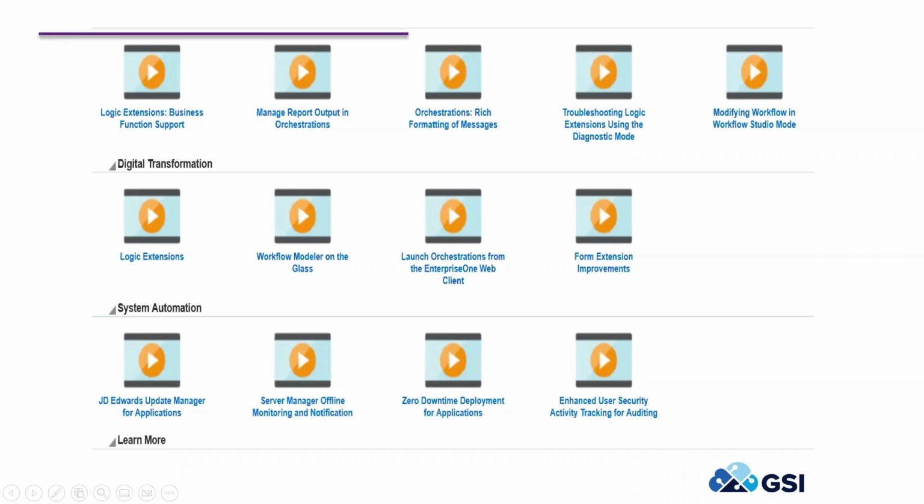But particularly in the Orchestrator area and other tools features, release 22 did a lot. It introduced logic extensions. It started the workflow modeler in the Orchestrator, working with media objects, providing input and output, to be able to use files for input and outputs to orchestration, and enriched media objects within JD Edwards, and then being able to put orchestrations on E1 pages and E1 forms, and other enhancements.